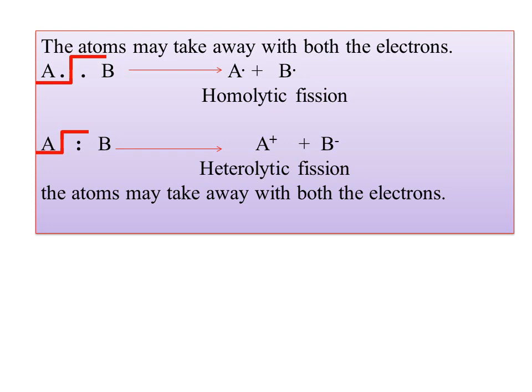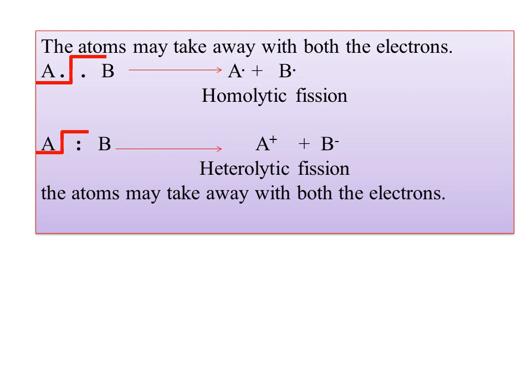If both the electrons are taken by any one of the atoms, that is one probability. The second probability is that one electron is given to A and the other electron is given to B. If that is the case, in a symmetrical manner, such type of cleavage we are going to call a homolytic cleavage.